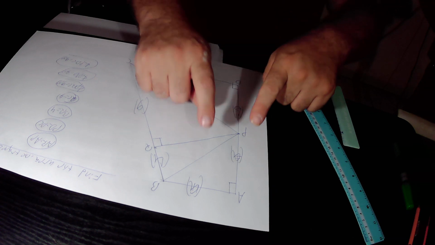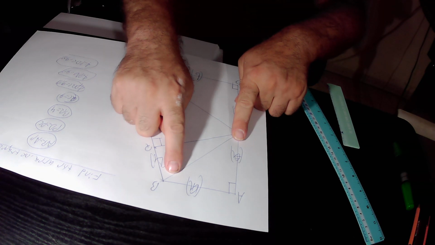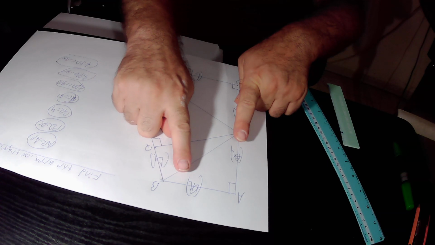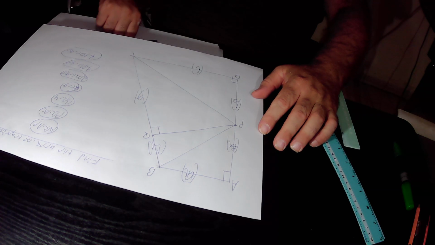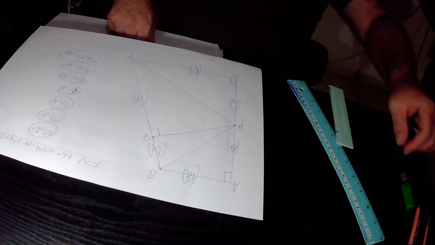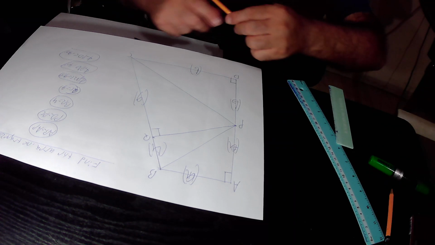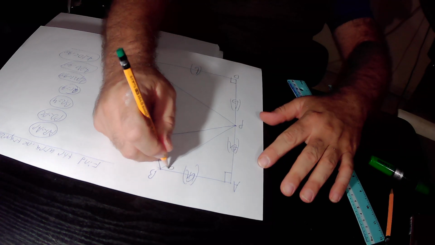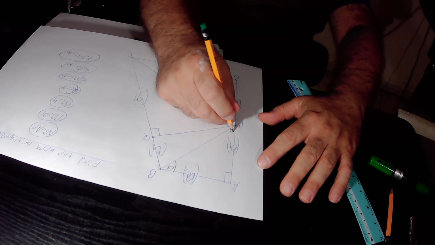So in front of those two equal sides we have those two angles that are equal to each other because they are located in front of those two equal sides. So if we define the size of this angle as alpha, then the size of this angle must also be equal to alpha because they are equal to each other.